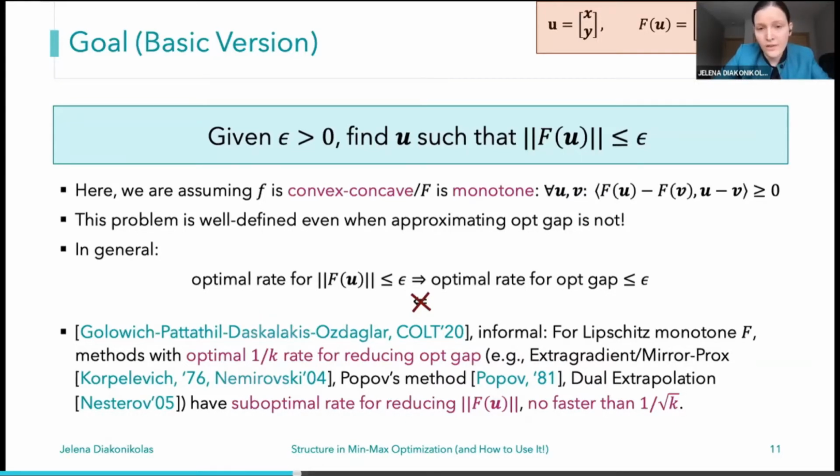Their rate is no faster than 1/√k for the gradient norm, and this holds for actually a broader class of methods that encapsulates all of these methods. So yeah, this is definitely something that is more general. So the standard methods we've typically attacked min-max problems with are out. So what can we do?